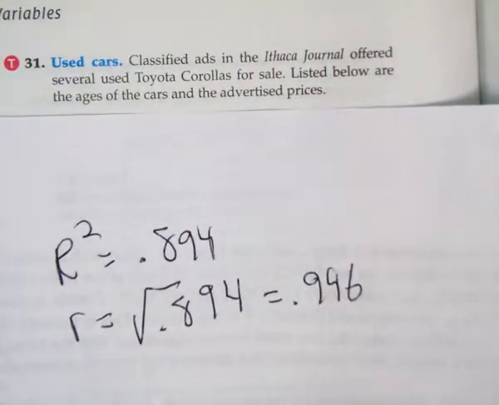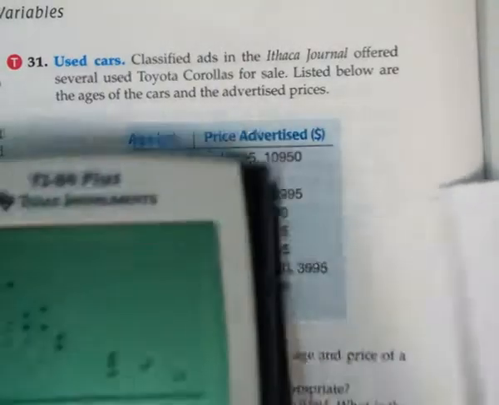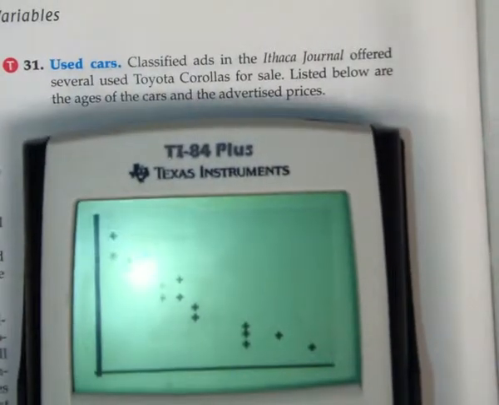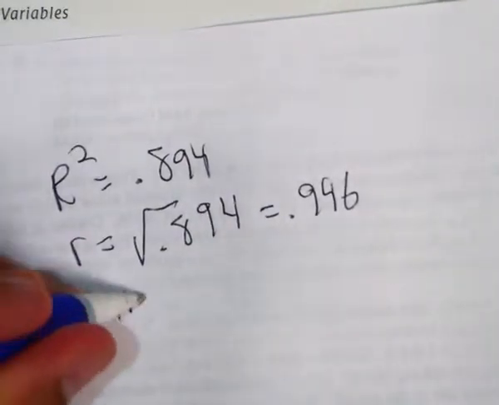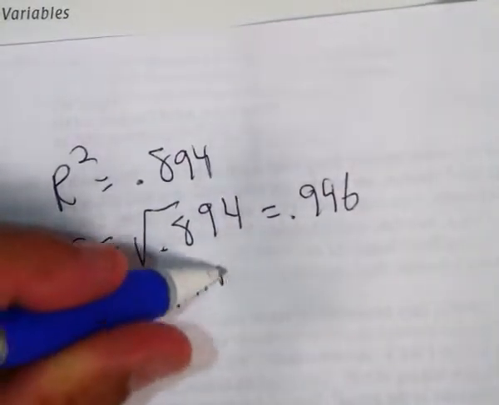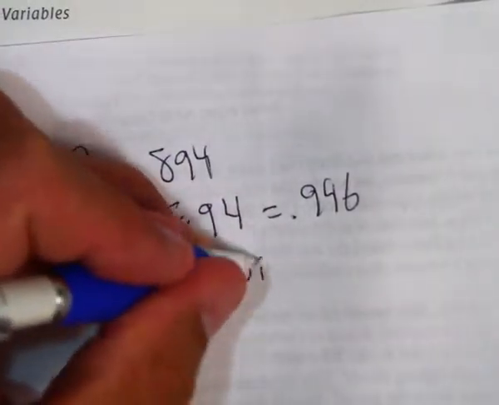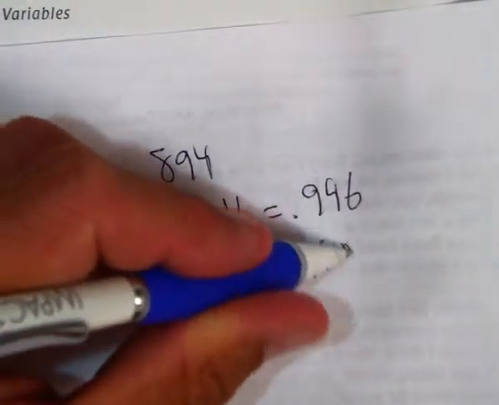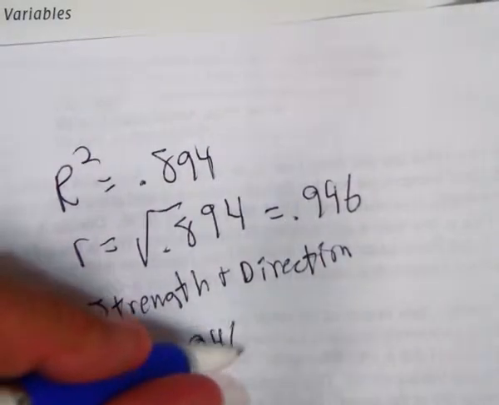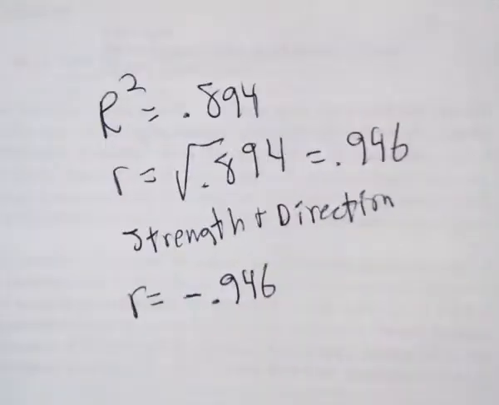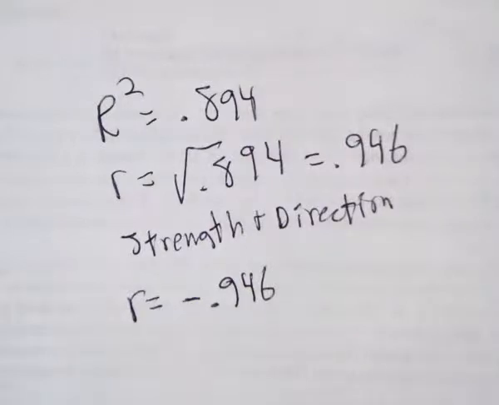But be careful, because correlation tells us two things: strength and direction. So the correlation is actually negative 0.946 because it's a strong negative linear association.